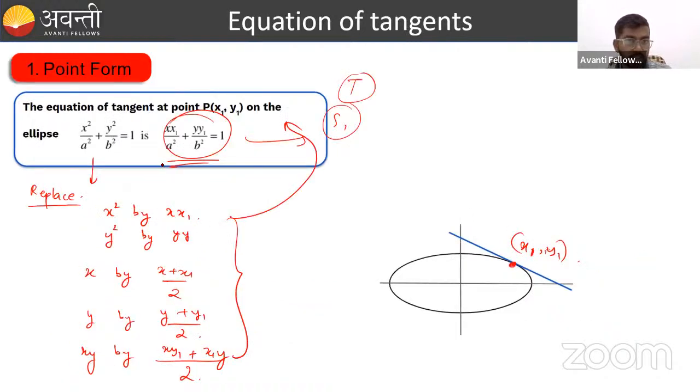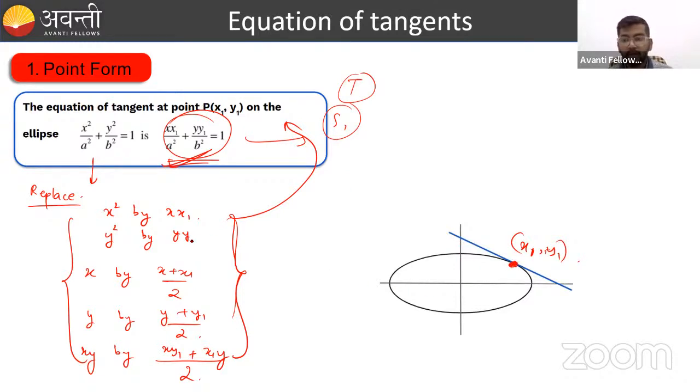So this is the standard. By using these replacements, we have already studied in conics, you can use these replacements in every conic. Even if you study parabola, hyperbola later on, or a circle, if you use these replacements, then you will get the equation of tangent in point form.